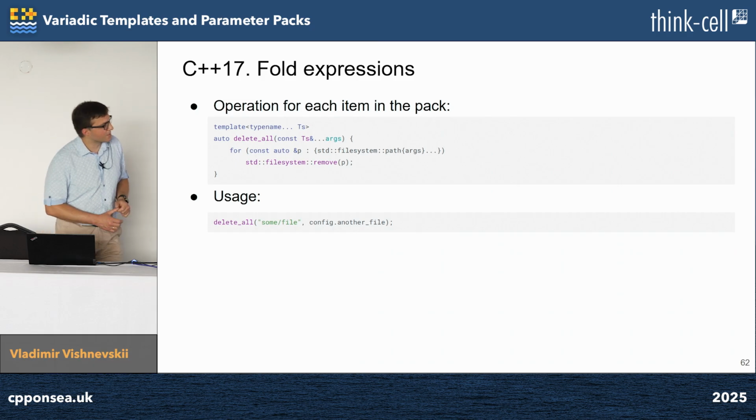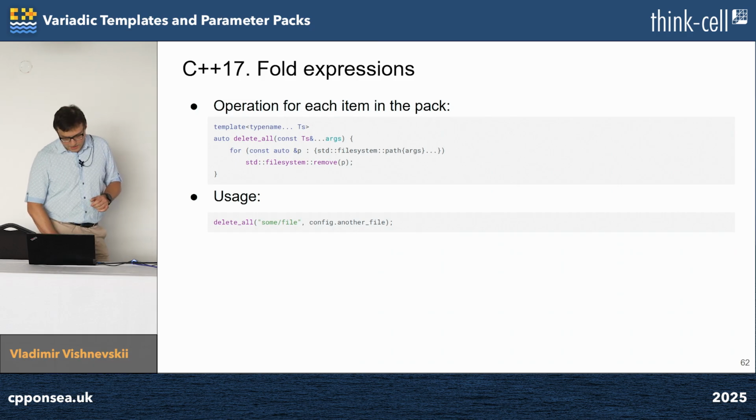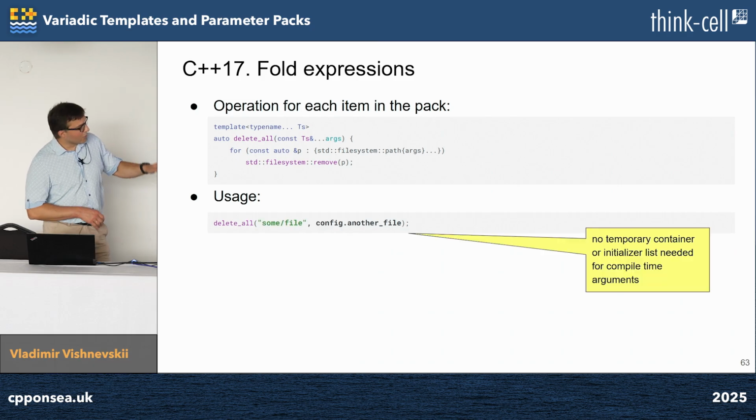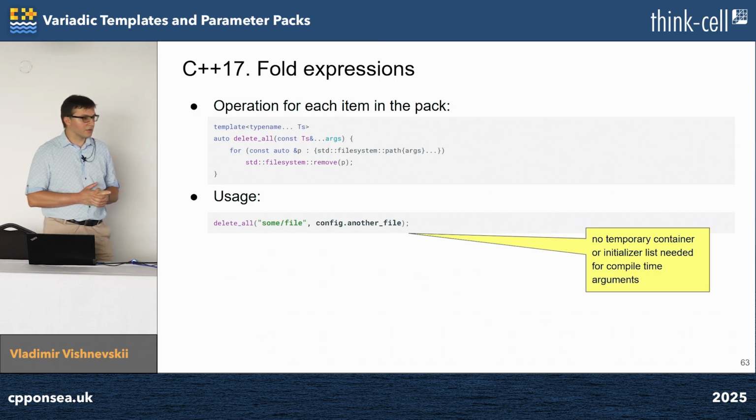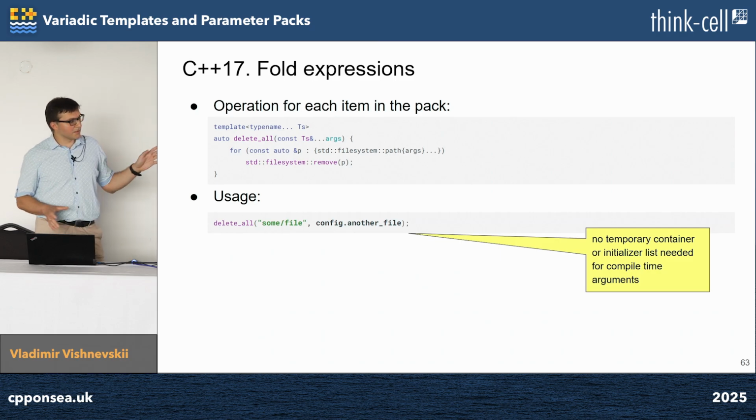Some resources on the file system, called delete all, and it just deletes all the paths that are provided as arguments when it's called. An alternative implementation would require that we either pass an initializer list there, or some form of temporary container. Here we can just list them. So this is just a convenience facility.